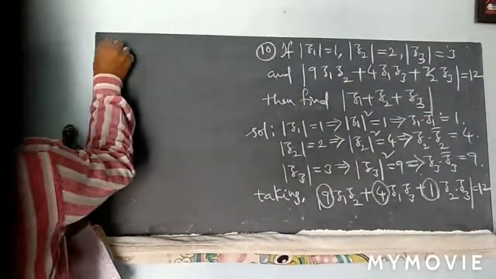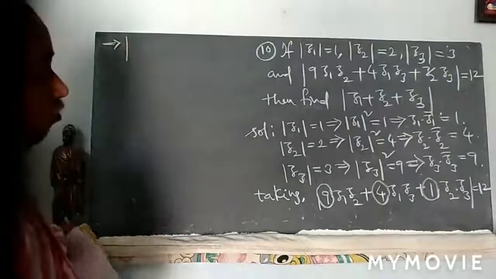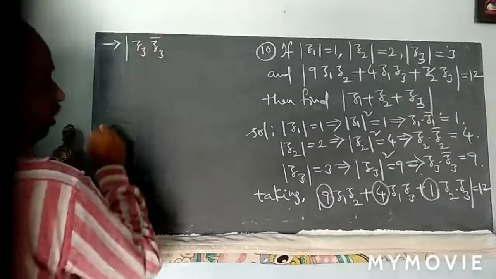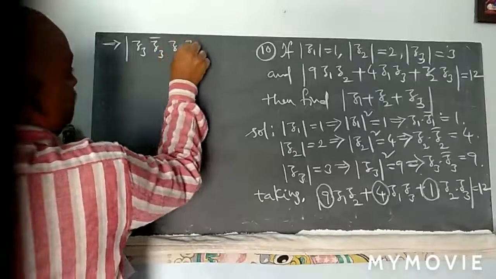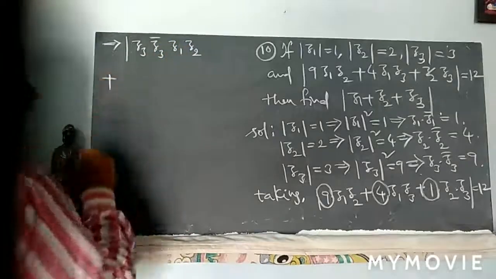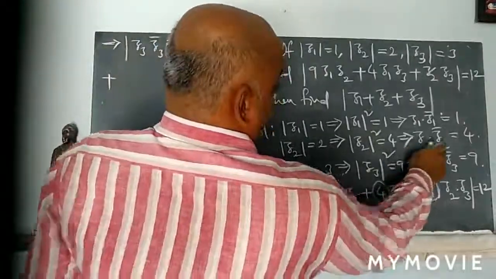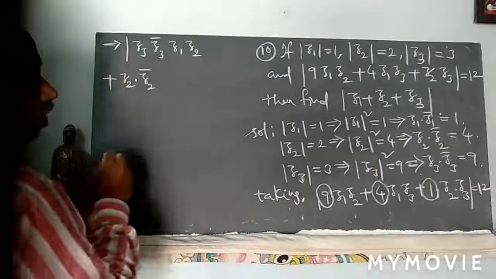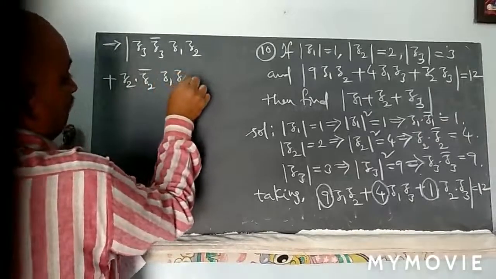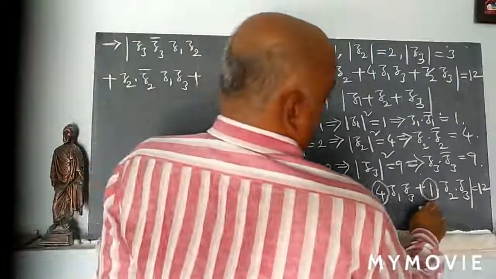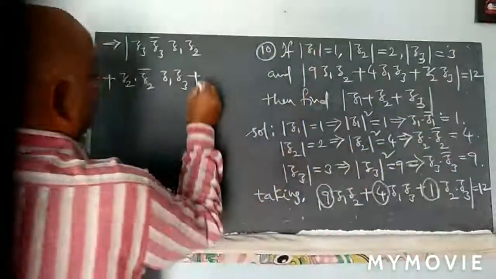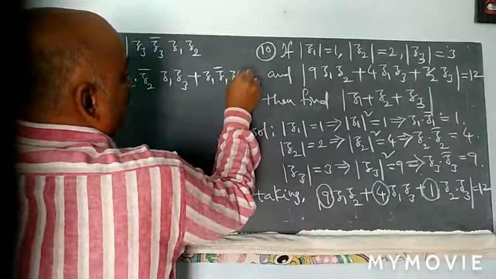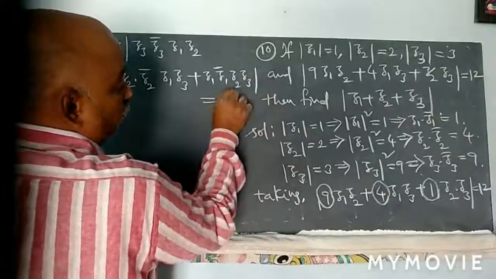So this implies the modulus of z3 bar into z1 z2, plus in the place of 4, z2 bar into z1 z3, plus in the place of 1, z1 bar into z2 z3, is equal to 12.